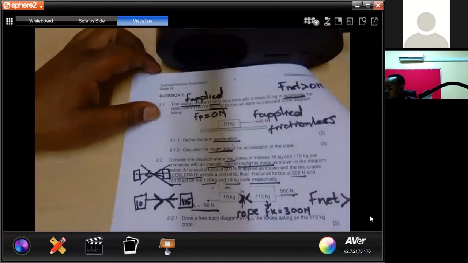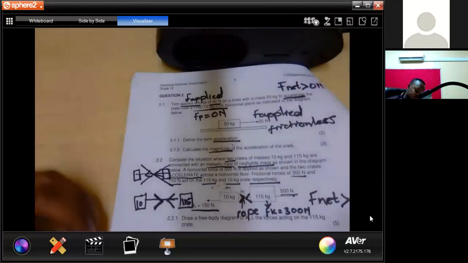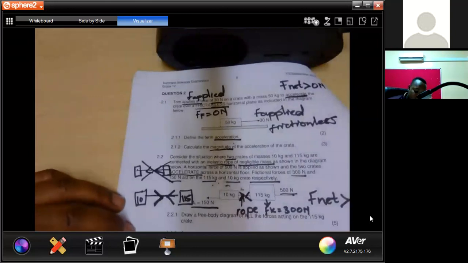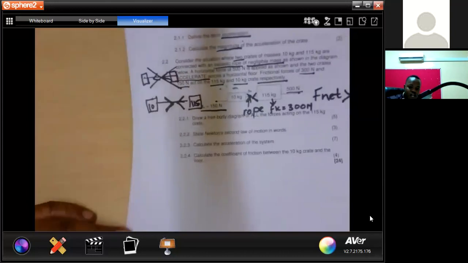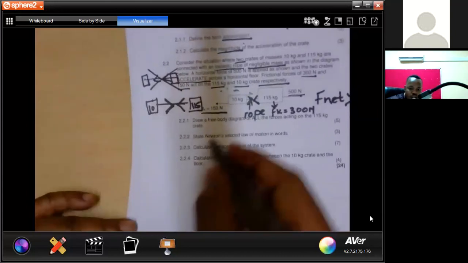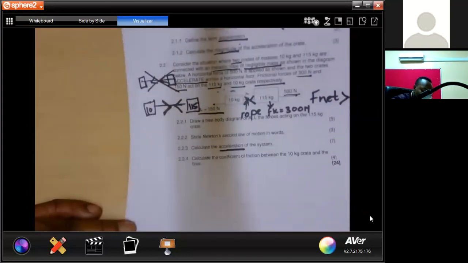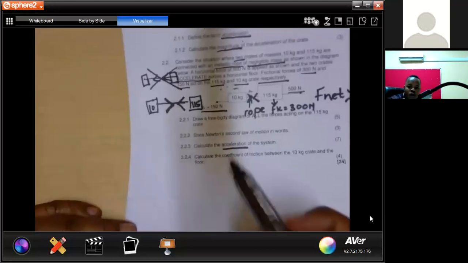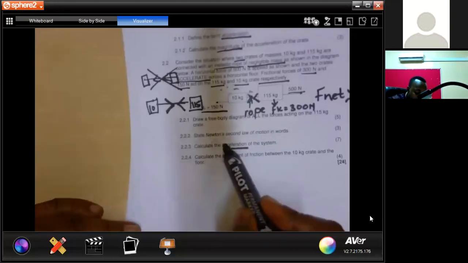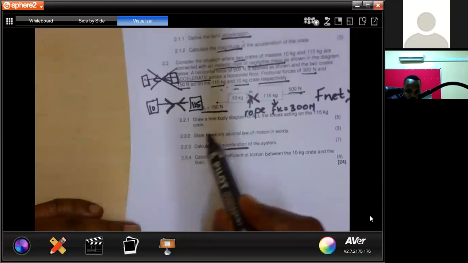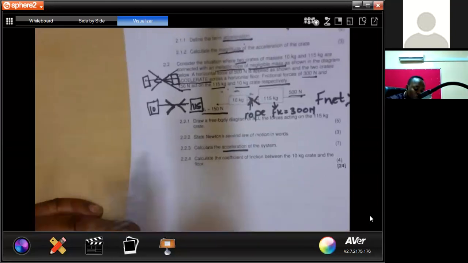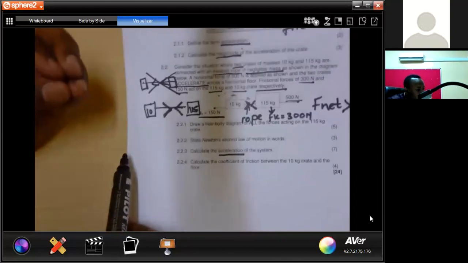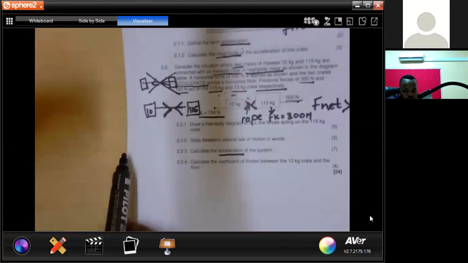Then the next question says we must calculate the acceleration of the system. So we are required to calculate the acceleration of the system. Now, what you need to realize here is that they did not say they want the magnitude of the acceleration. So it means we also have to give direction. If they want the magnitude, they will specify to you.